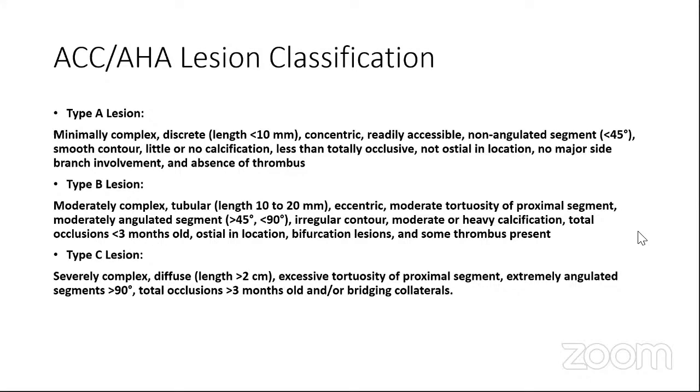And type C are the most severe and complex and can prove very challenging for the operator. Diffuse, length more than 2 centimeters, excessive tortuosity of proximal segment, extremely angulated segments, total occlusions more than 3 months old. And this can be judged by the presence or absence of bridging collaterals.